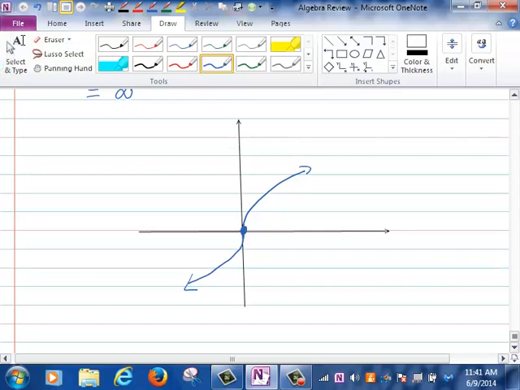So in this case, the derivative doesn't exist at 0, but you have a vertical tangent. Am I making sense? So it has a vertical tangent at this point. This is the graph of x to the 1/3. Vertical tangent at 0.